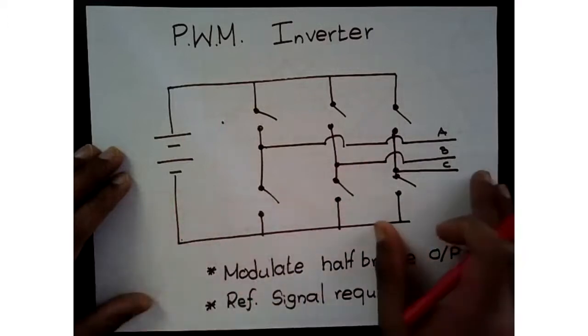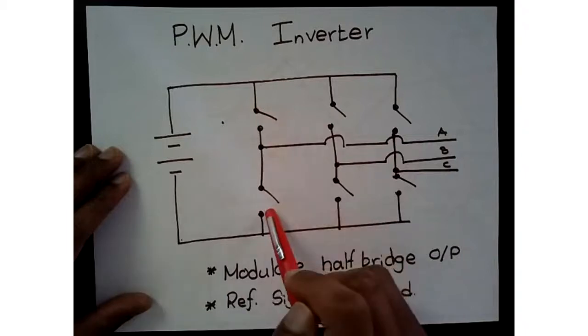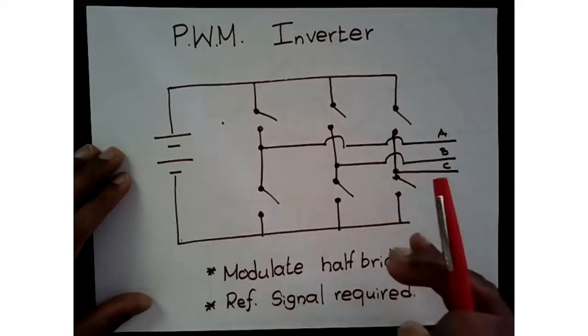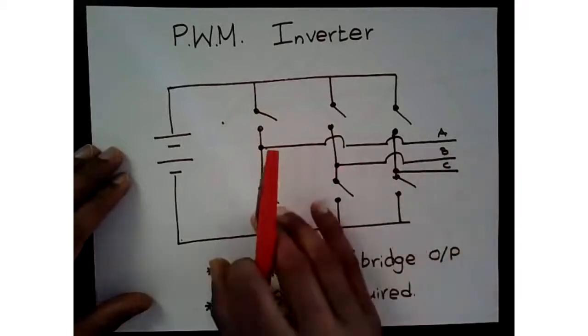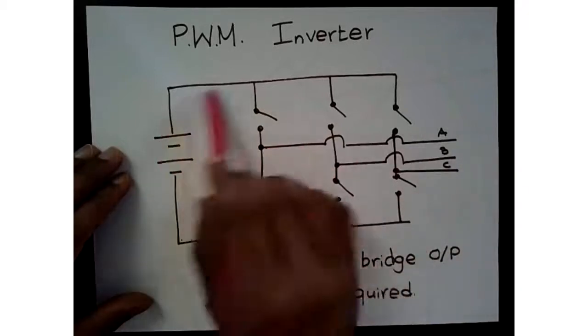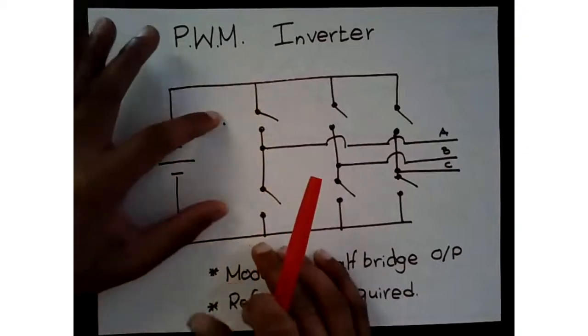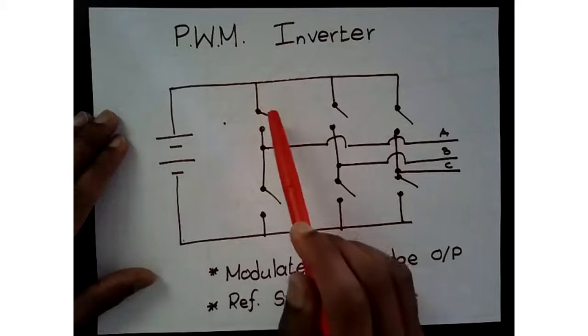We will look at that in detail. However, we don't want to turn on both switches of a leg except for certain cases that we might talk about later. You have your power supply, and typically a DC bus capacitor that goes here to handle some of the switching transients.